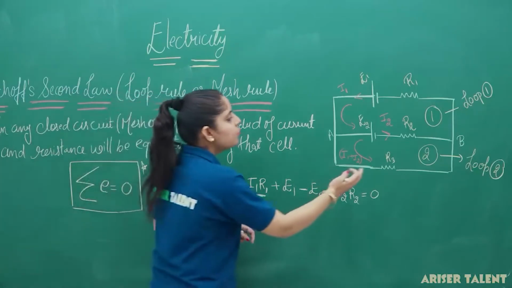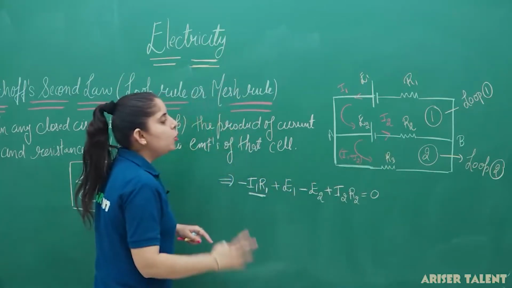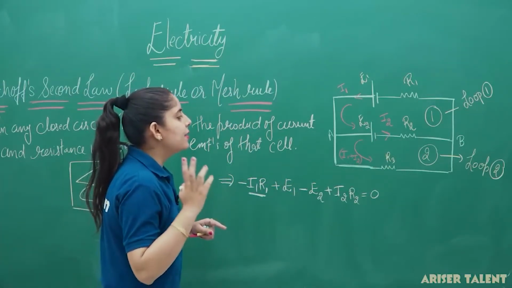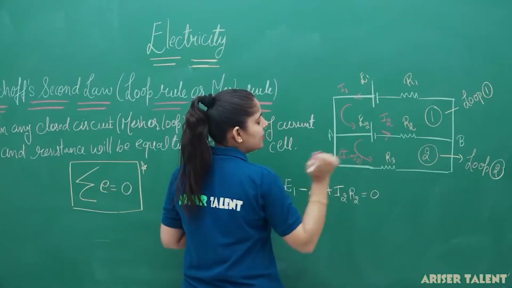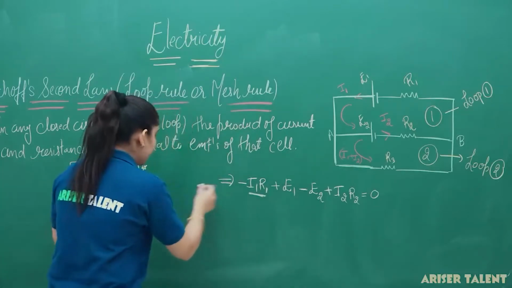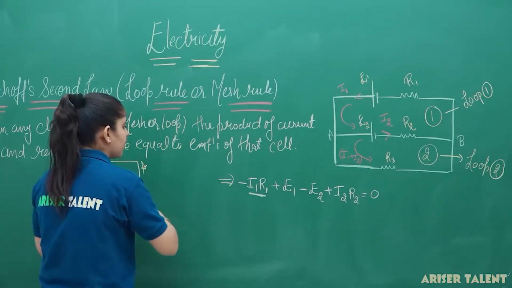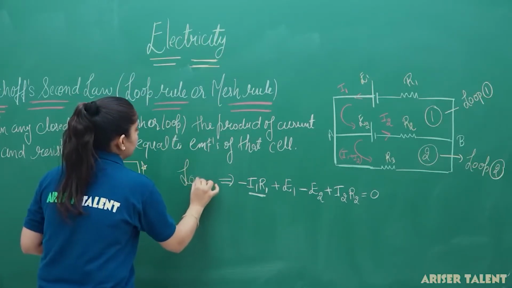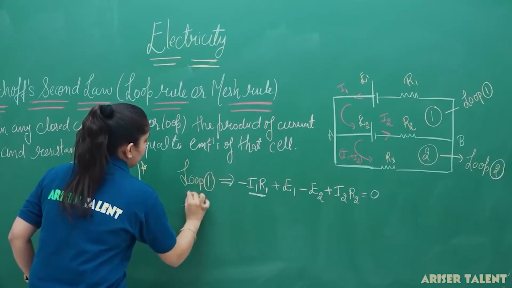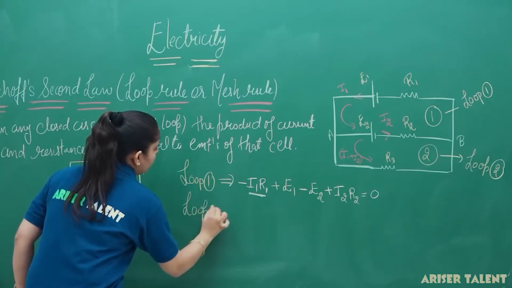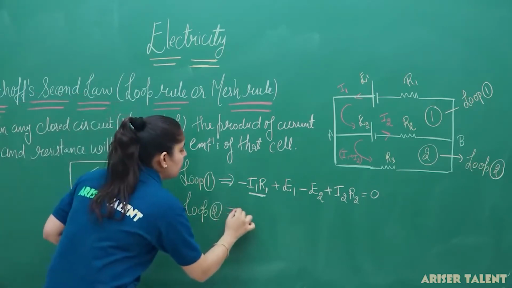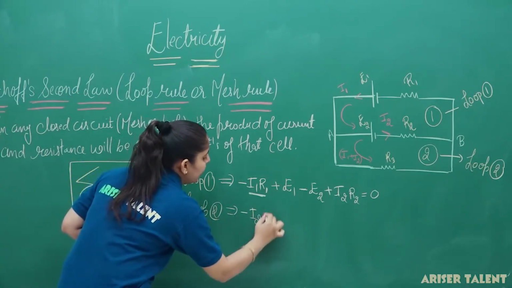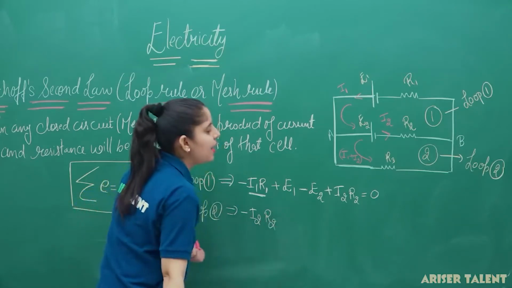Now, let's move to loop 2. In loop 2, what you can see here, there are three things: I2, R2, E2 and this R3 resistance. So, this equation is for loop 1. Now, for loop 2, I can write the equation minus I2R2. Why minus I2R2?